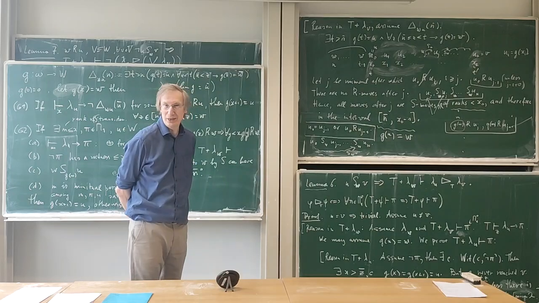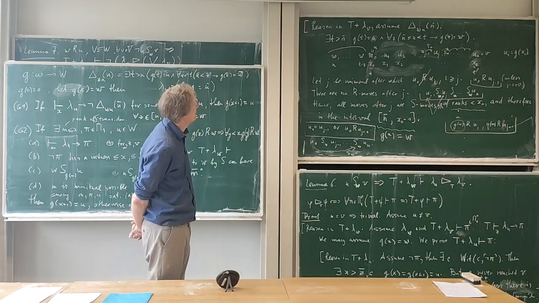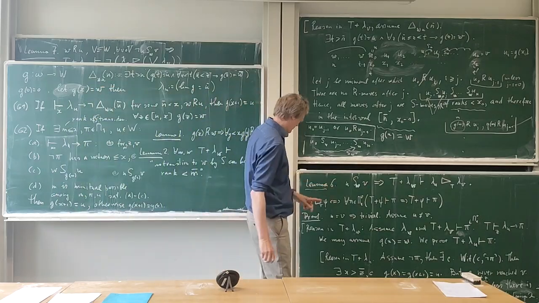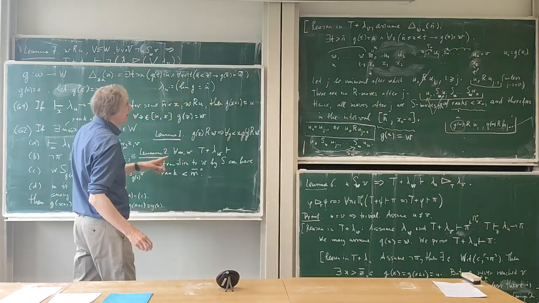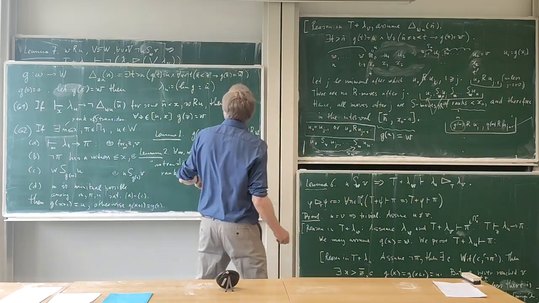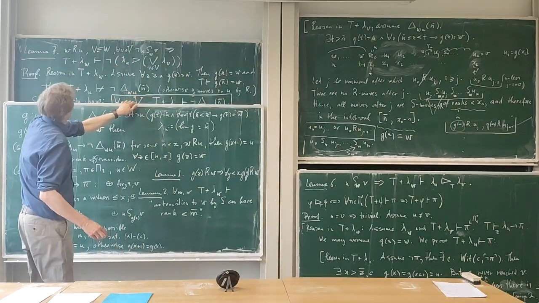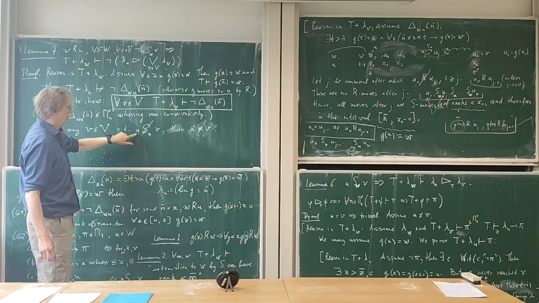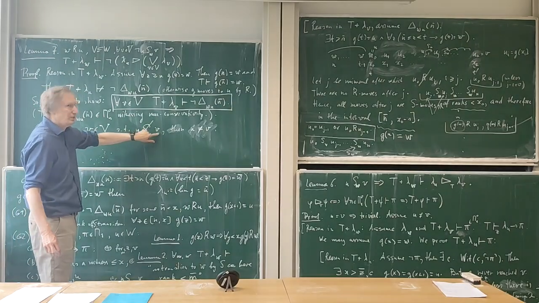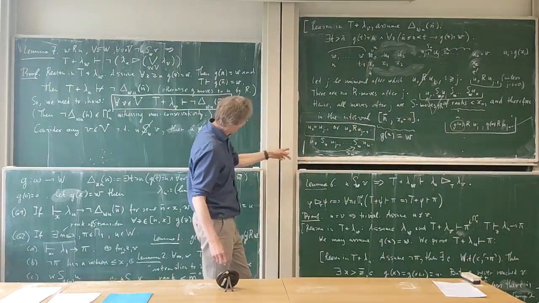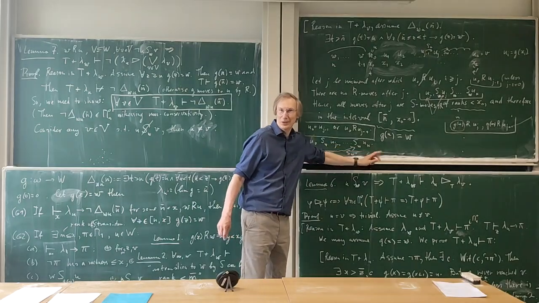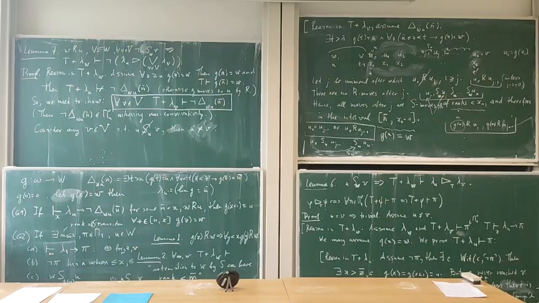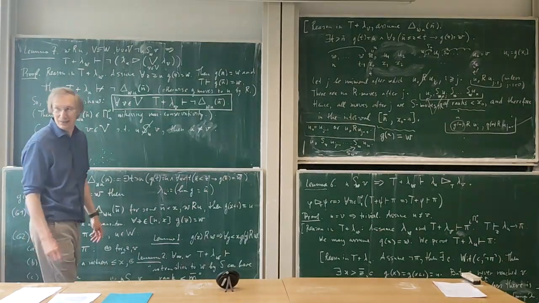And what does it mean? That we obtained a contradiction because we started from the assumption that there was no arrow from U to V, in the assumption of the lemma. And we actually produced an arrow from U to V. Very strange, but so it worked.